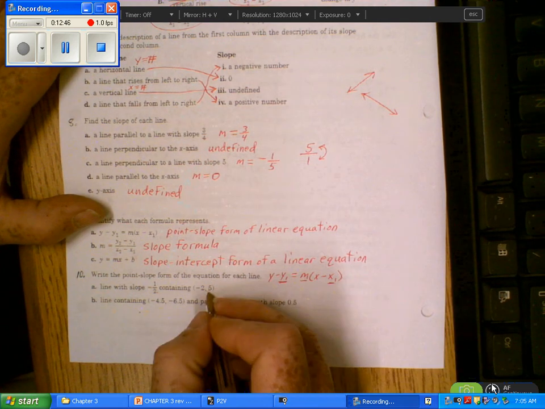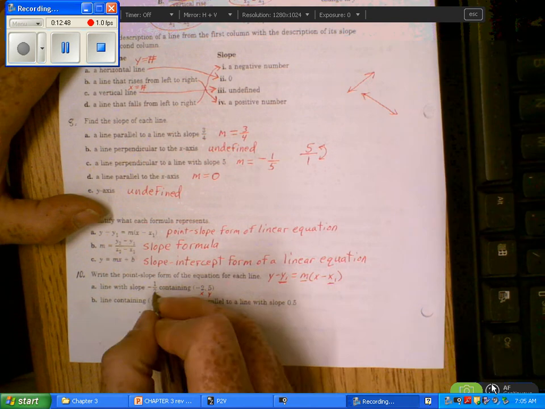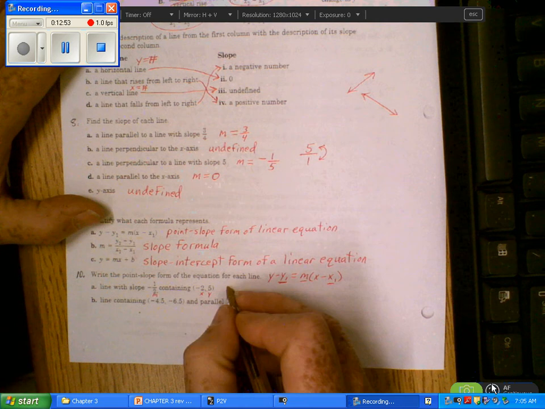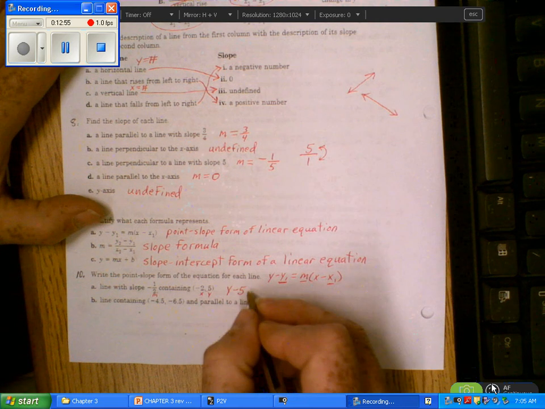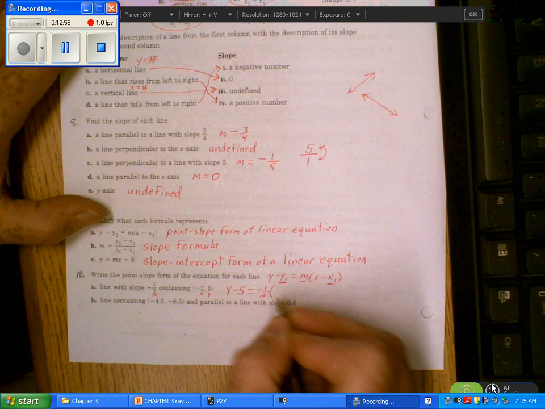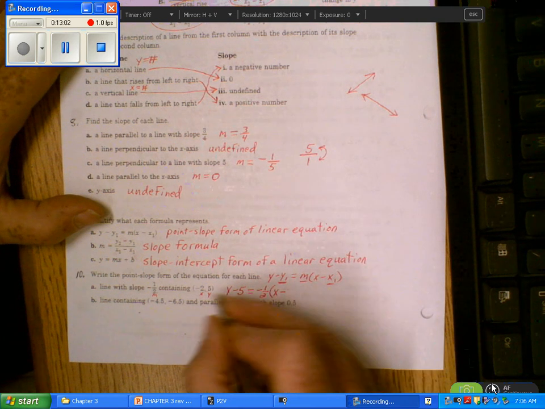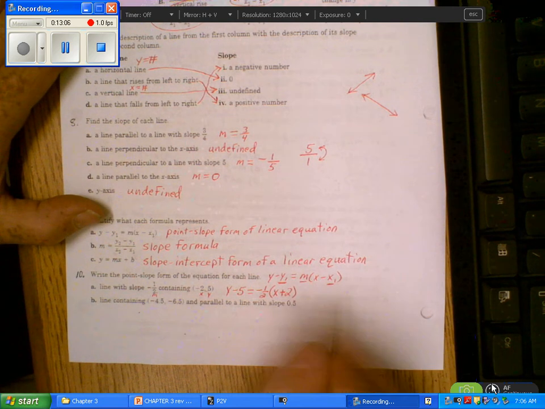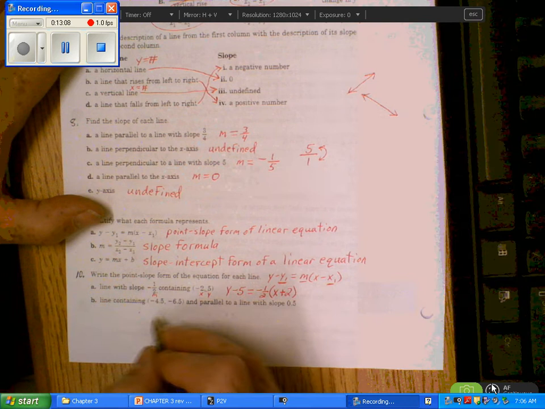This is our y, this is our x, this is our m. So we plug in, we get y minus 5 equals -1/2, parentheses, x minus a -2, so that's actually going to end up being +2. And that's our equation.